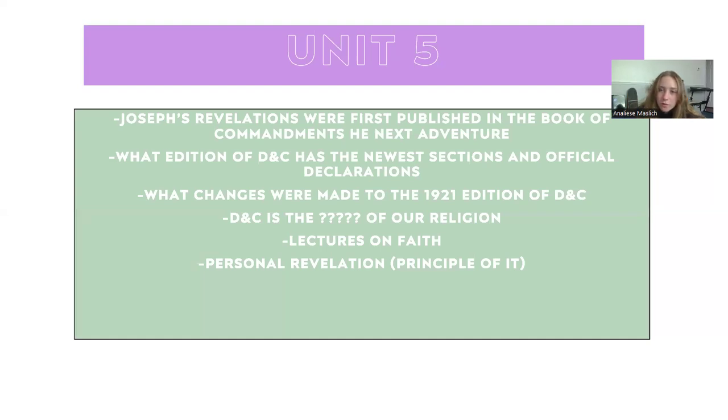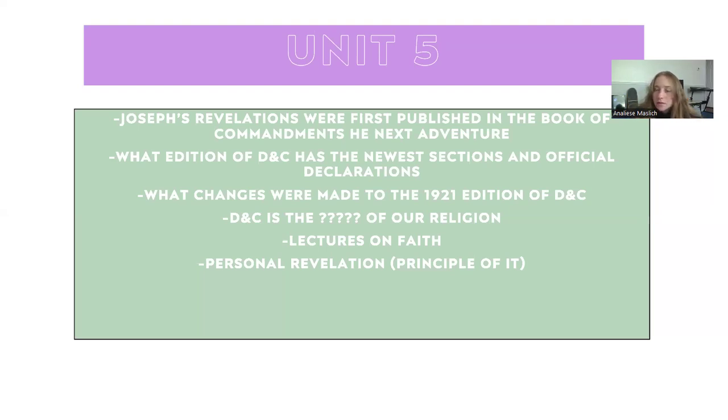Joseph's revelations were first published in the Book of Commandments. I don't know what that next part is, but just know that his revelations were first published in the Book of Commandments. And then know which edition of D&C has the newest sections and official declarations.